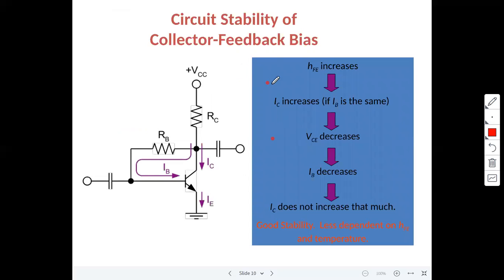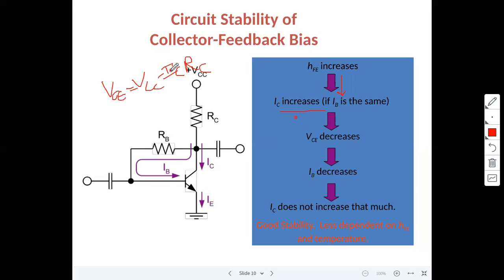Observe the circuit stability concept here. As HFE increases, IC increases. As IC increases, VCE decreases. Remember, VCE is equal to VCC minus ICRC.